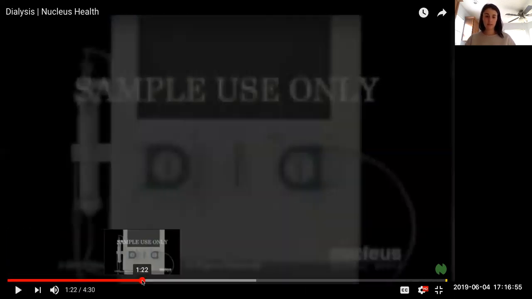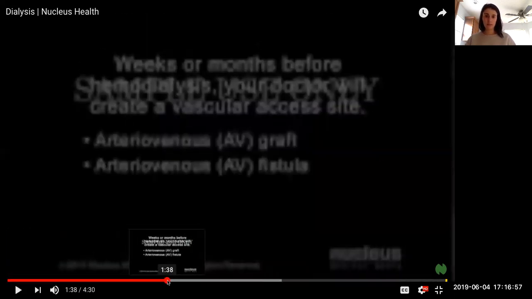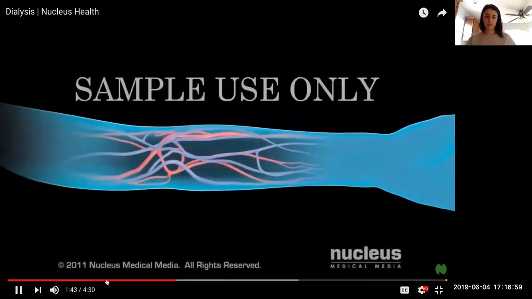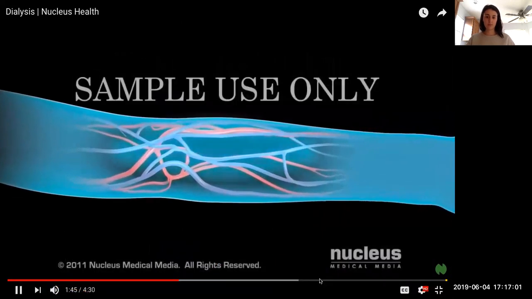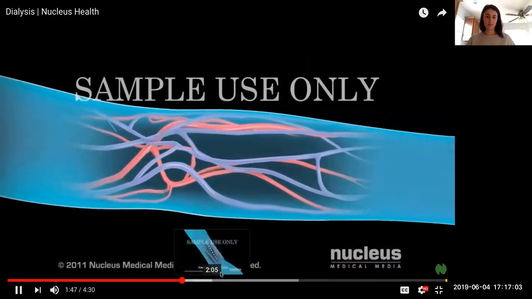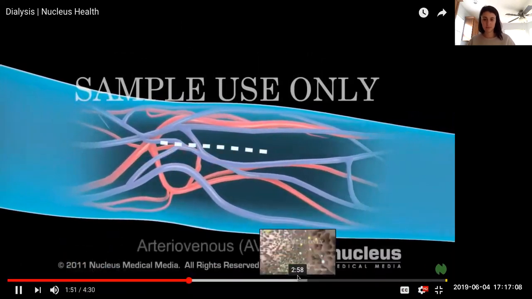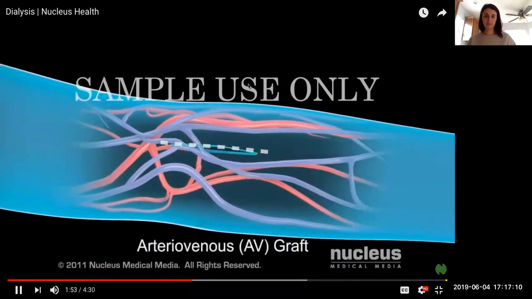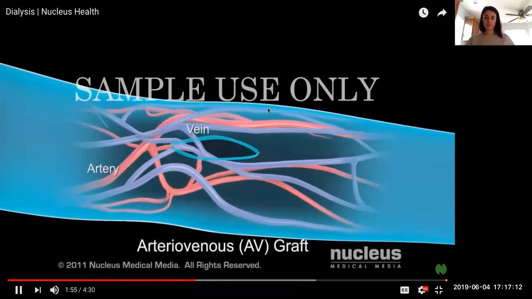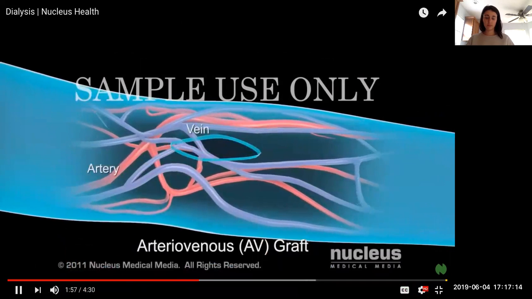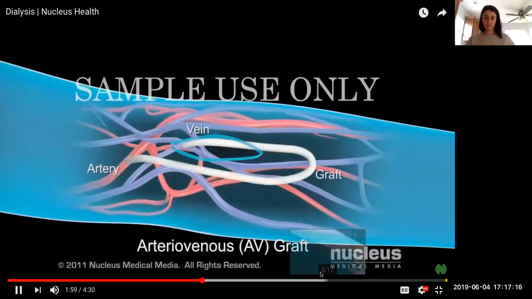Machine called... He or she will numb the area with local anesthesia. To construct an arteriovenous graft, your surgeon will make a small incision in your forearm and insert a soft plastic tube called a graft to connect an artery to a vein.